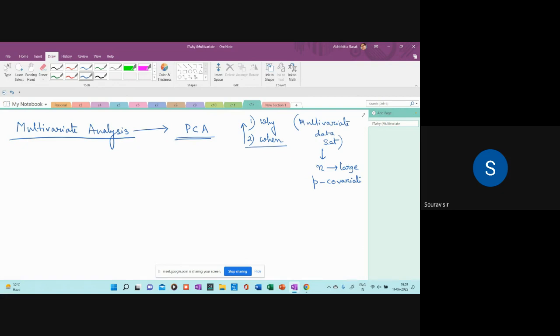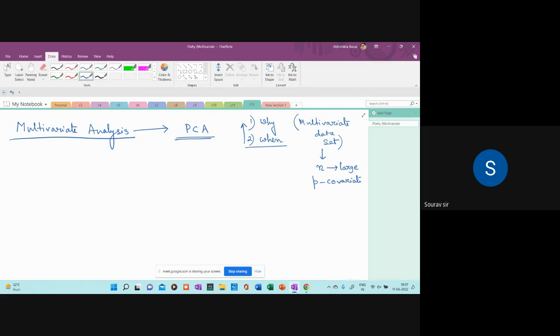We say that in statistics, if n is greater than or equal to 30, the data set is already big. But in real life, the data set is always greater than 30, not exactly 30, but much greater than the exact size 30.